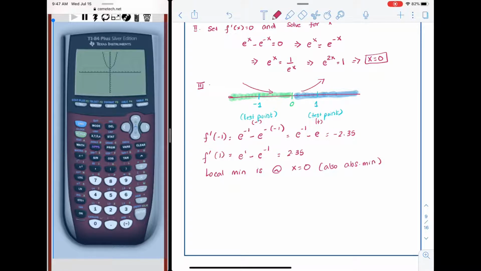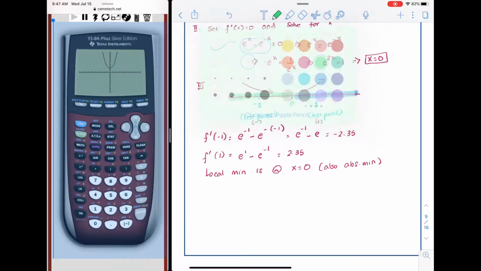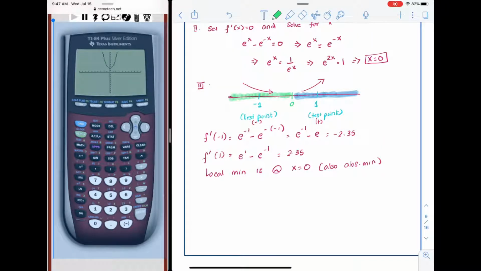And the graph of the function follows our deduction from the test. Now, even before we go on to the second derivative test, you should know the answer about concavity.